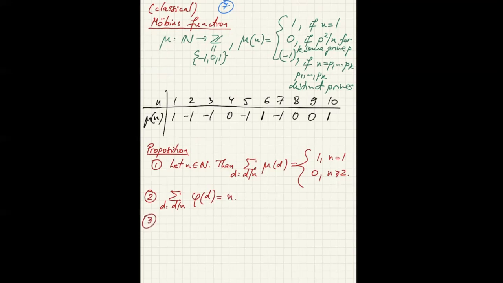And the third one is that phi of n, the Euler totient function, for which we just found the formula a bit earlier, can be expressed in terms of the Mobius function as the sum over all divisors d of n, of mu of d times n over d. So we'll prove some of these results now. Okay. So let's start with the first one.